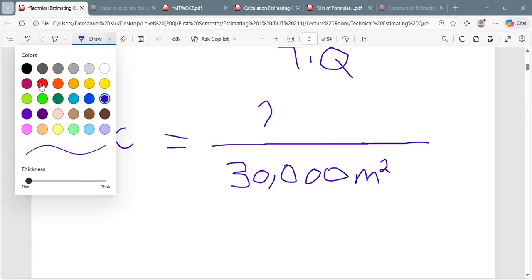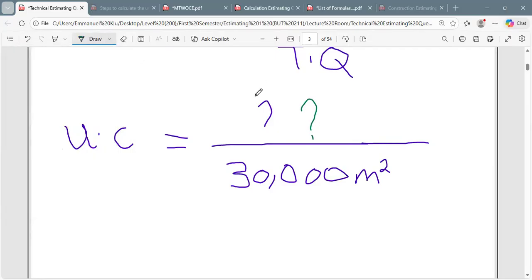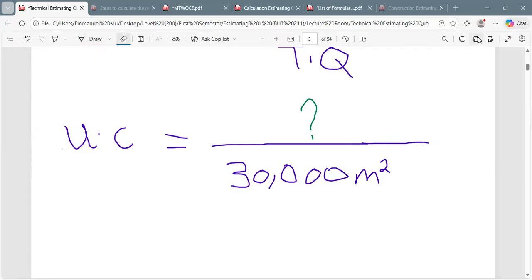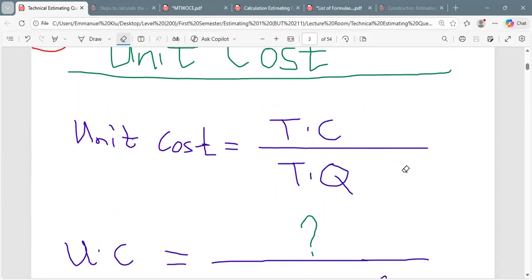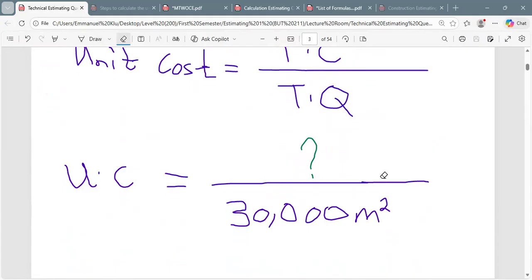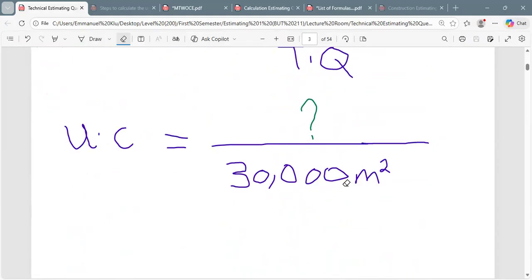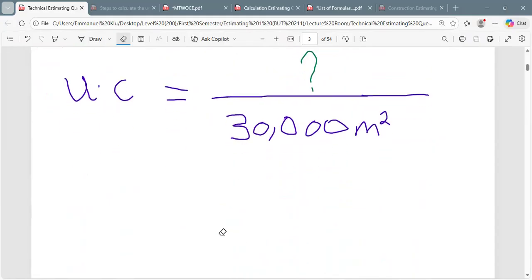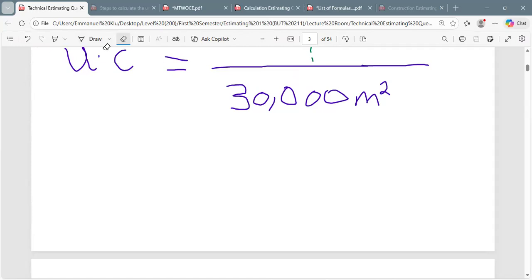So you see what is happening over here. This is a question mark because it's unknown. So we now have to come and find our total cost. But we say our total cost is equal to duration times hire rate.